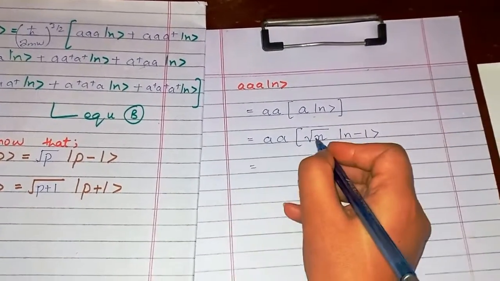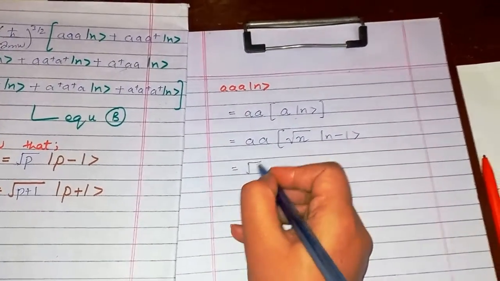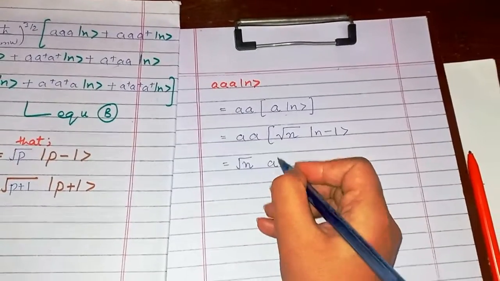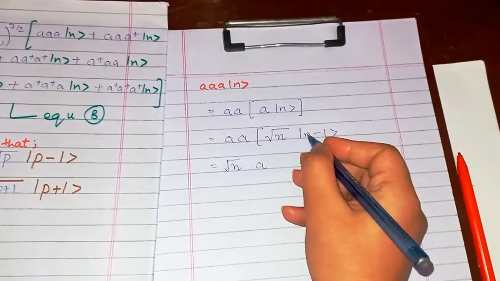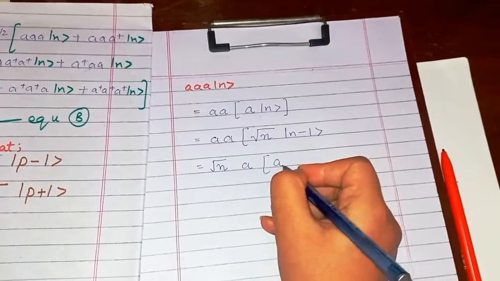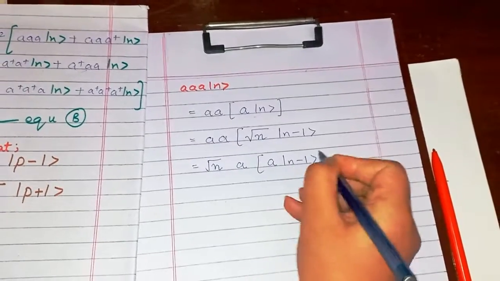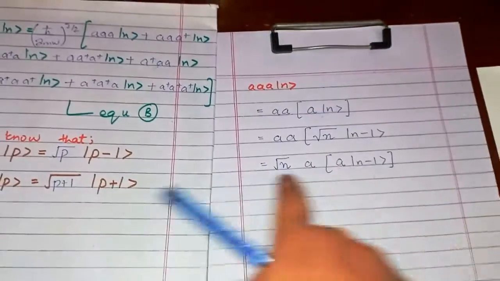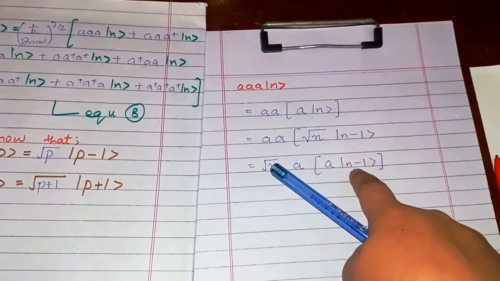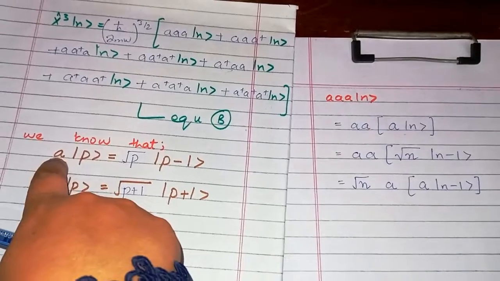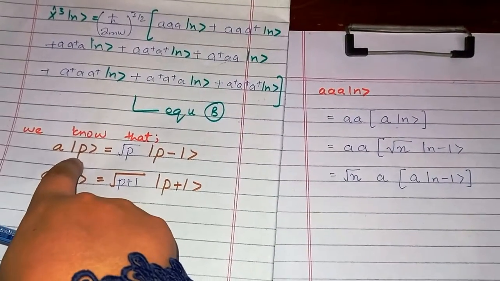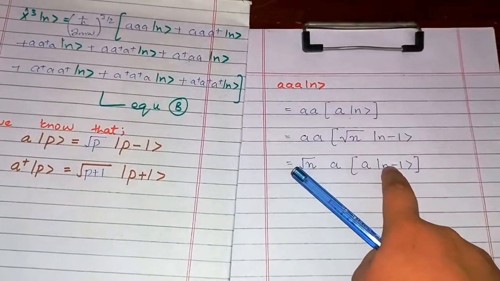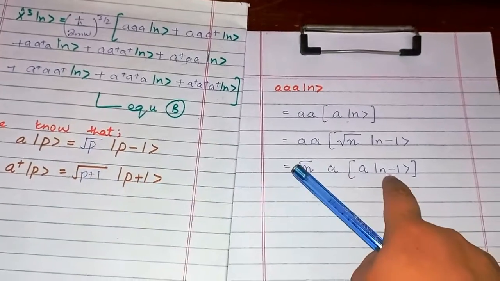All right, since square root of n is a constant, we can write it outside, and we have a, and now this a operator will apply on this ket, so it's a into this ket. You can see the ket has been changed. Now the lowering operator is applied on this ket, so you need to put p equals n minus 1. Wherever there is p, just put n minus 1.